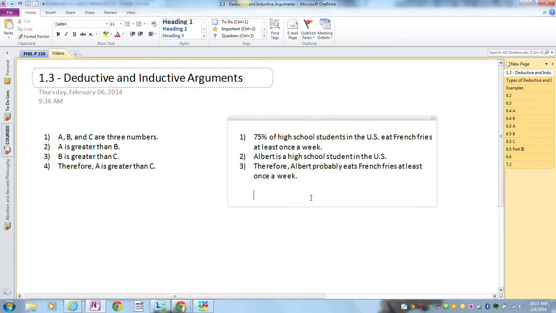Notice that there's a tip-off in this argument, the word probably, that obviously indicates that whoever is putting forward this argument is doing so with the understanding that the conclusion only follows probably from the premises. But notice that if we removed the word, the argument would still be inductive.